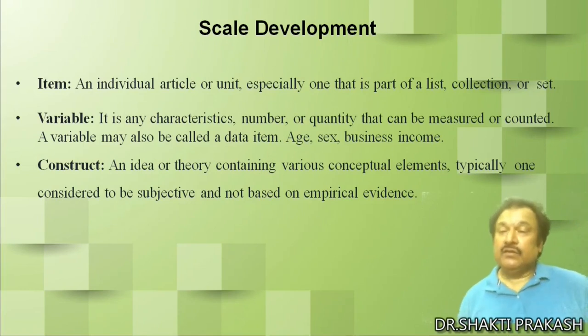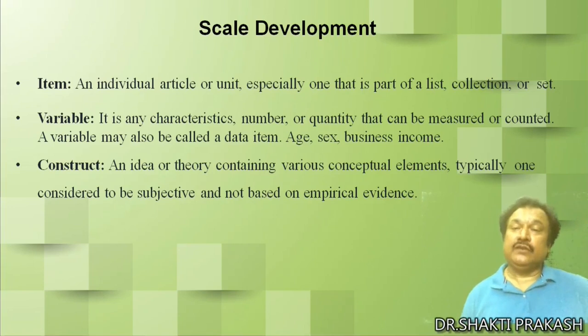The variable and construct. Item: an individual article or unit, especially one that is part of a list, collection or set. These are the items on which we are going to base our research.